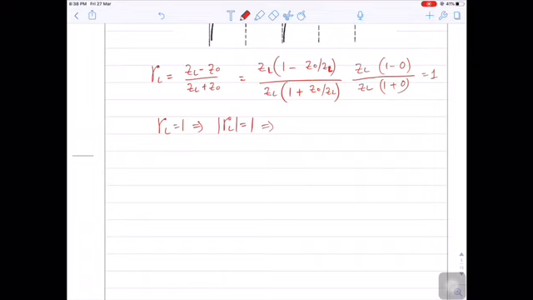reflected back. If you substitute the value of gamma L in the voltage standing wave ratio, then (1 plus mod gamma L) by (1 minus mod gamma L) becomes (1 plus 1) by (1 minus 1), that is equal to 2 by 0, equal to infinity.